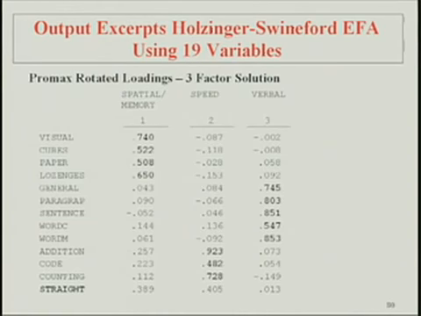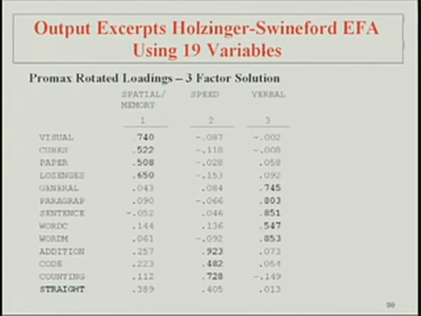Then what I decided was that if that criterion were not met, if there was no factor loading that was twice as big as one of the other ones, I was going to bold those 2 items, object and straight in this situation, and think about them later. Because straight loads on both spatial and memory and speed. So I would want to understand that better.